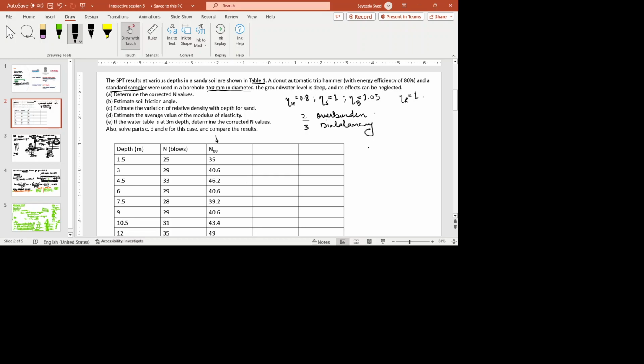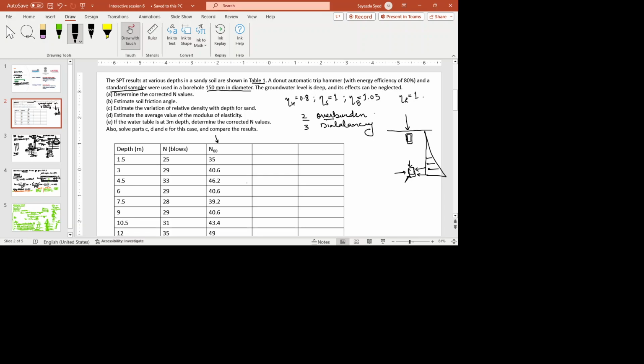Why we are doing correction for overburden is because if we are taking a sample from here, or if we are taking a sample from here, the confining stress in this sample will be higher because the overburden pressure is increasing as we go down, and there will be more resistance to penetration of the sampler here as compared to the same sample that was here.